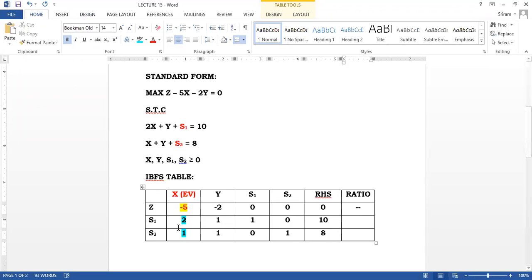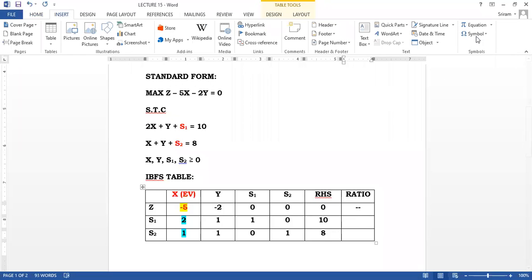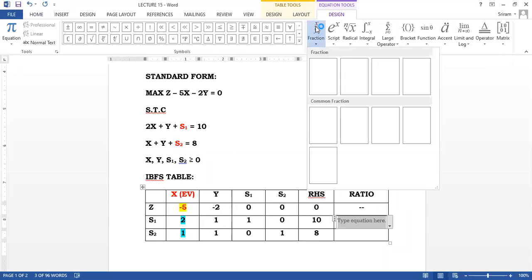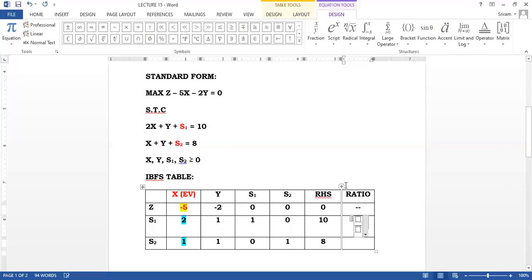Now, using the corresponding pivotal column element, I am going to check the ratio. I am going to take the right hand side and divide it by the corresponding pivotal column number. The right hand side is 10, and I am going to divide by 2. When 10 is divided by 2, this is 5.